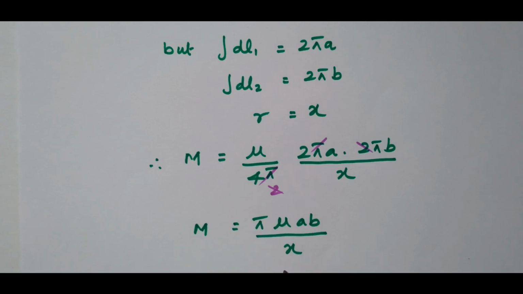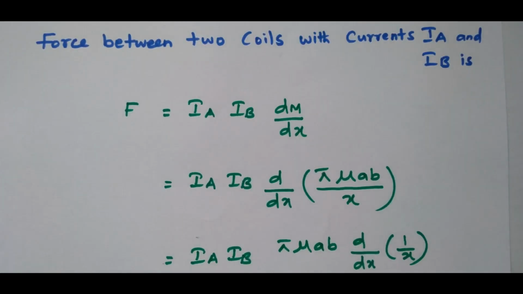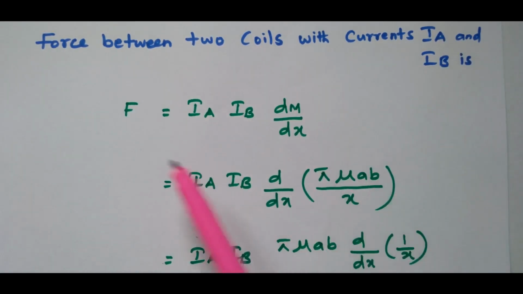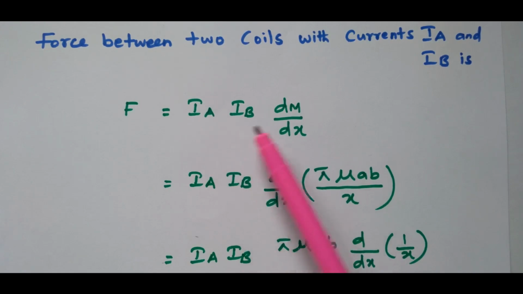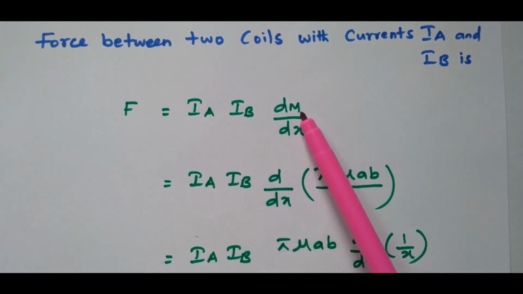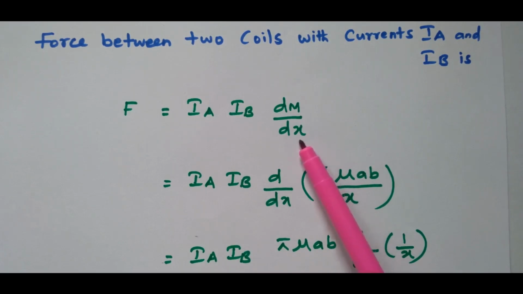Now from that we can find the force between the current loops. What is the force between the current loops? The force between two coils with currents IA and IB is given as F equals IA IB dM by dx. So this is the current in the first coil, current in the second coil. dM by dx means differentiation of mutual inductance with respect to x, the center to center distance between the coils.